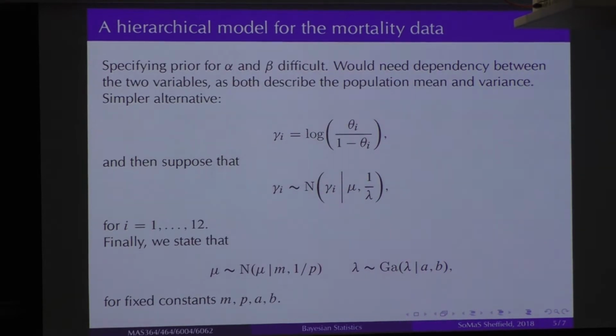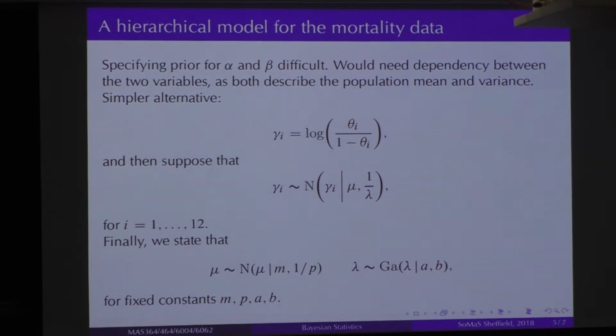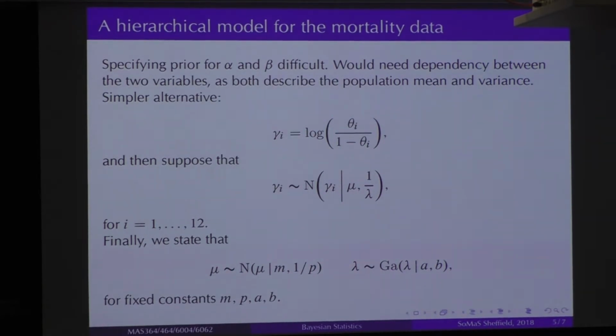So I'm trying to reflect having very little information. So I will choose M0, P to be relatively small, and then the parameters of the prior and the gamma to reflect a high variability, okay? And those are the parameters that you have in the code. If you plot these two distributions, you will see that they are really, really variable, okay? It's not the only way of coming up with weak priors, but that's one way, okay?